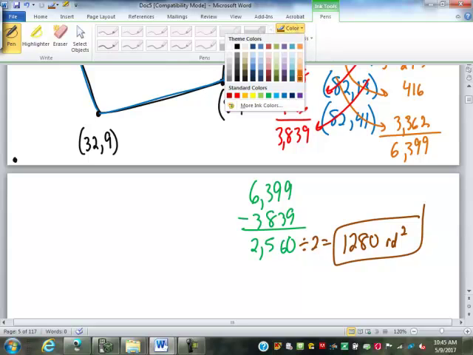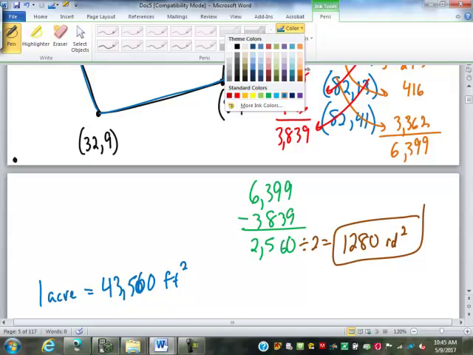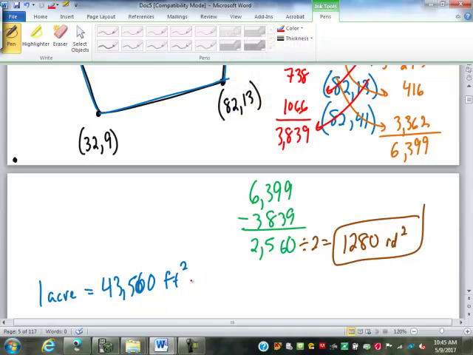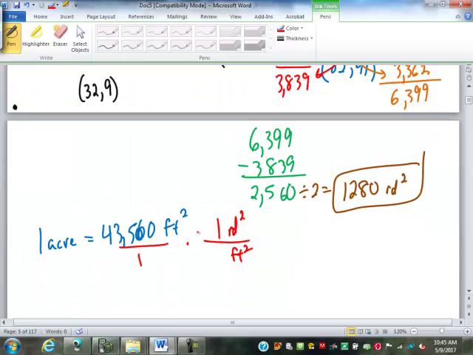How many acres is that? Okay, remember 1 acre is 43,560 square feet. If I want to convert that into square rods, 1 square rod is how many square feet? Well, there are 16.5 feet in a rod, so you square it, you get 272.25.